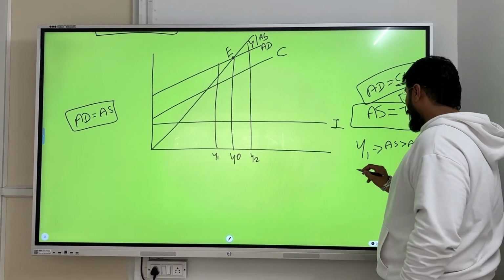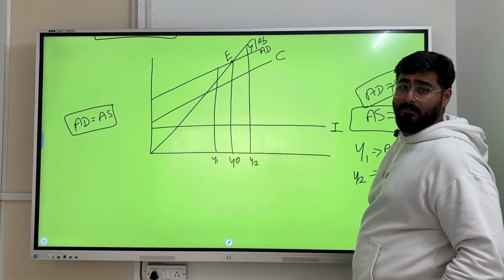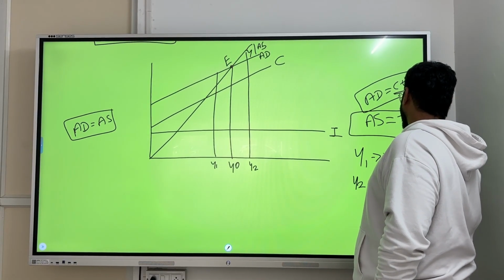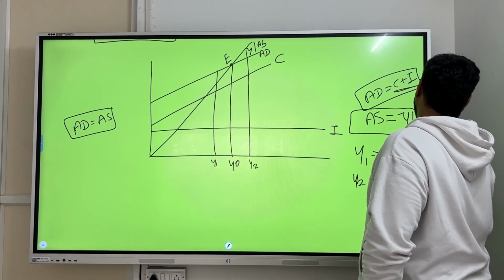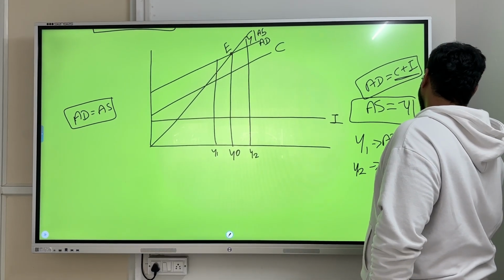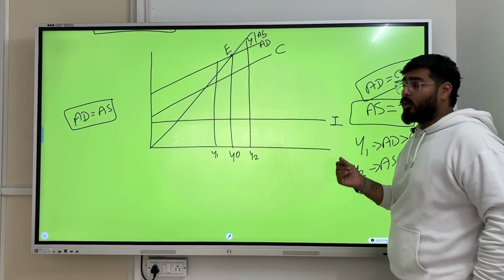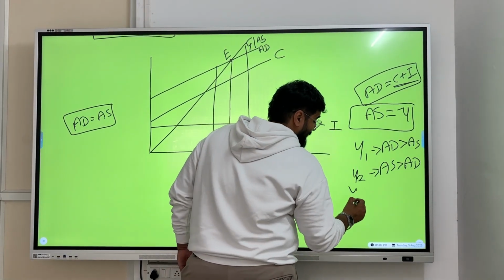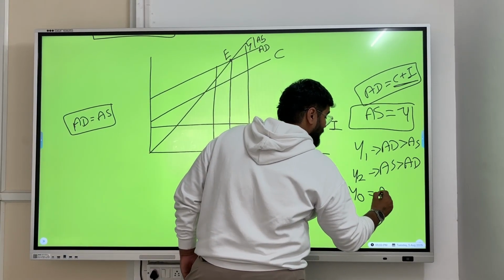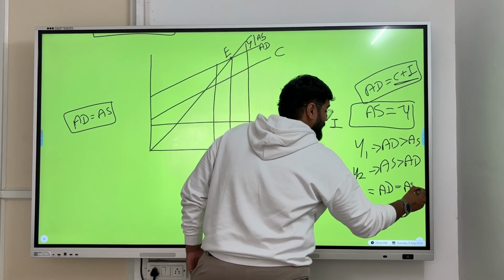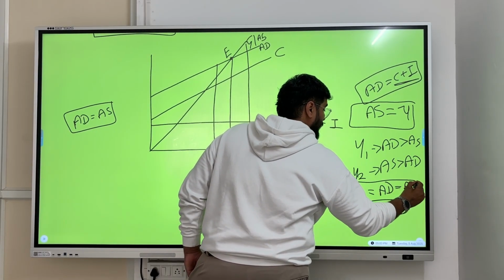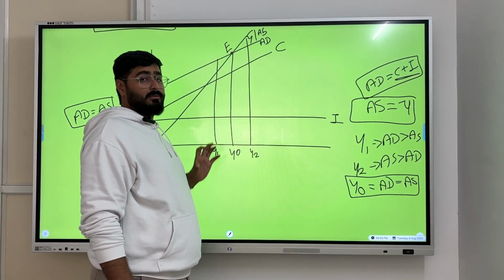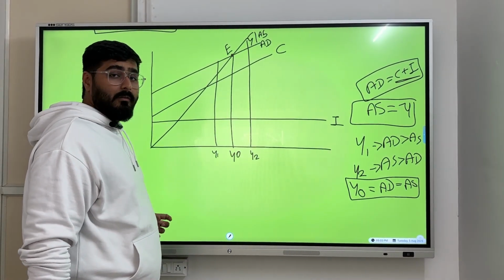The y2 level of income will not be my equilibrium level of income either, because here aggregate demand is more than aggregate supply. So both y1 and y2 cannot be my equilibrium level of income, but the y0 level will be my equilibrium, because here aggregate demand is equal to aggregate supply.